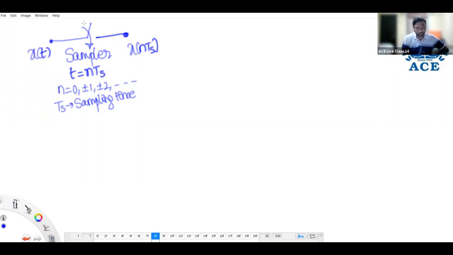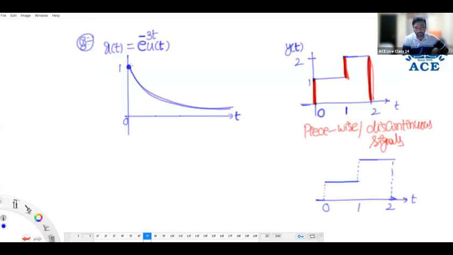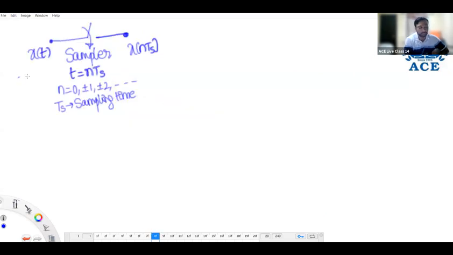Okay. Let us take, for convenience, this decaying exponential only, and observe the discrete equivalent. I am taking the same graph, sir. x(t) is e power minus 3t u(t), so what is the discrete form? e power minus 3 n Ts u of n Ts.